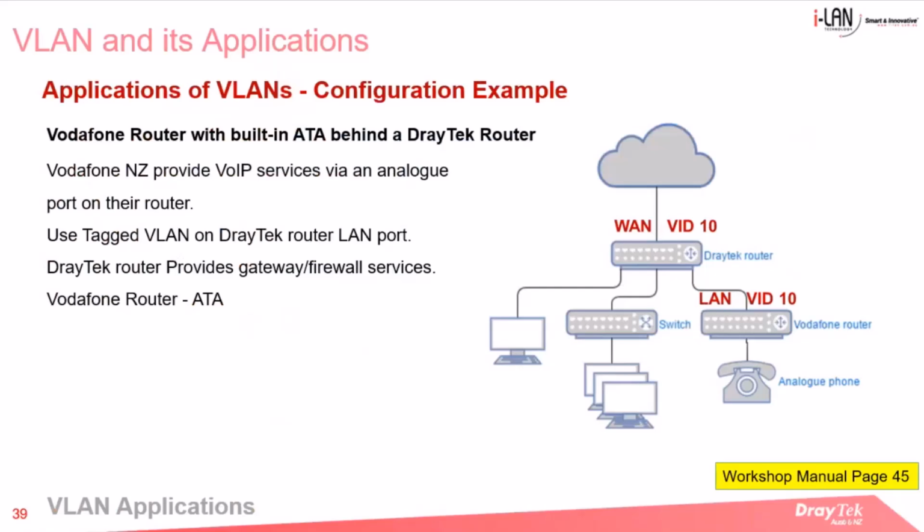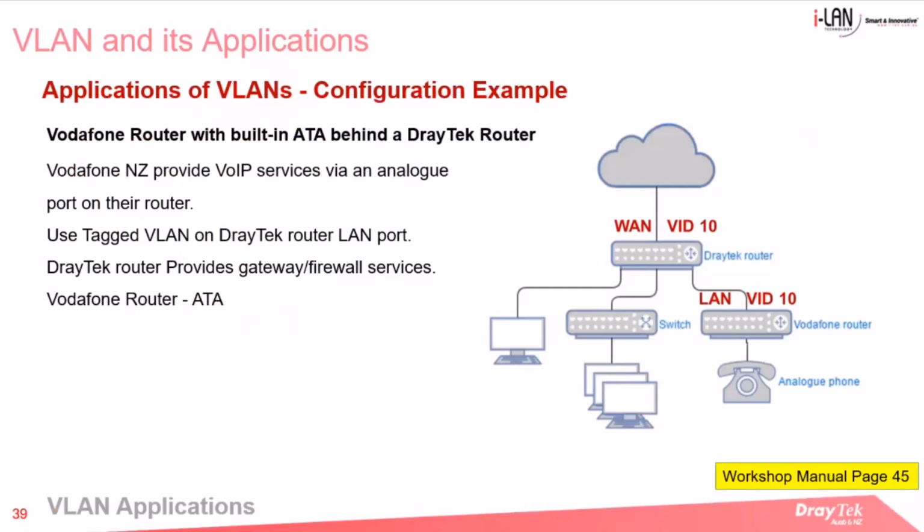So most of the time, you can't just replace the ISP router with the DrayTek because the SIP details are locked into that ISP router. In this example, the ISP router also requires a VLAN tag of 10 to use the phone services.